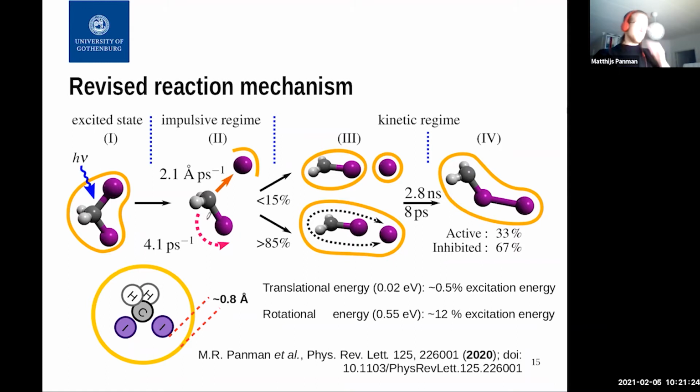Apparently, the 210 meters per second dissociation is not sufficient to allow for cage escape, or at least very little cage escape. And another major difference between this study and previous studies is that we found this long, nanosecond lifetime for the photoisomer formation. It's basically a previously unobserved reaction channel.